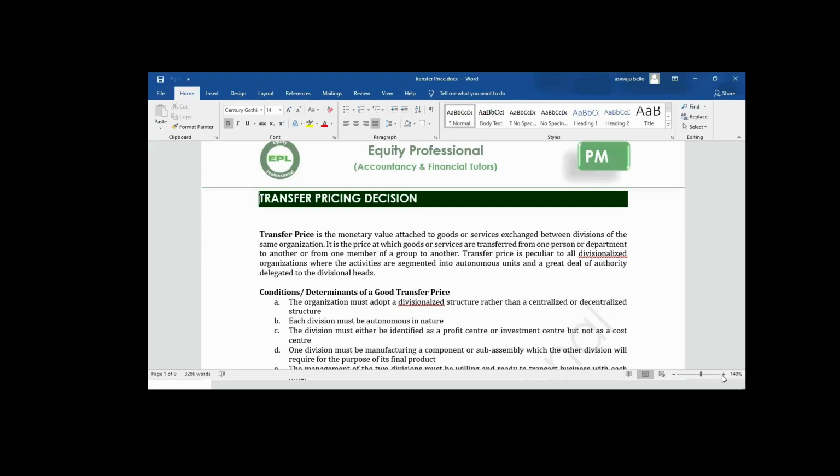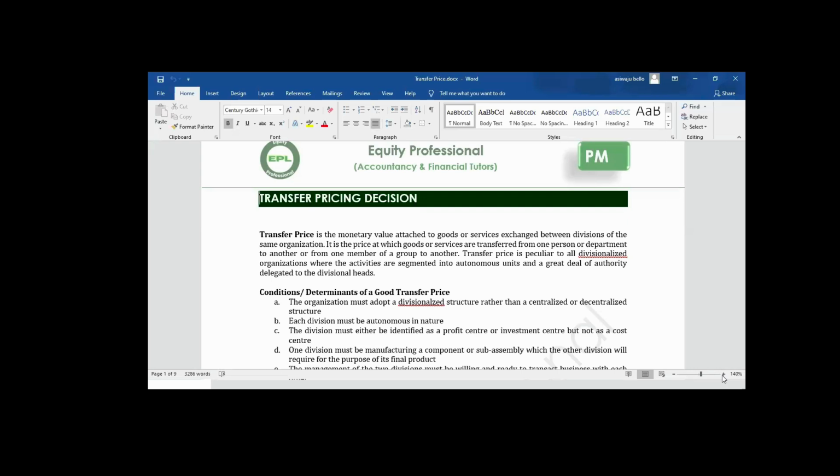The price for internal transaction, the price for interdivisional transaction, is called transfer price.